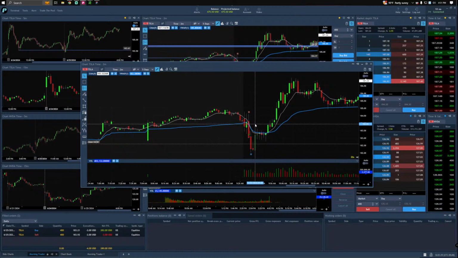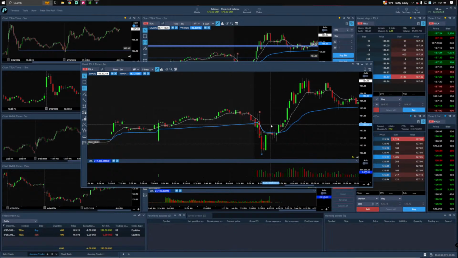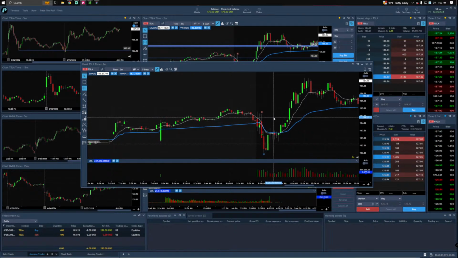I was watching time and sales and I saw big orders going through on the sell side. Jumped in short, actually sold the market, and did not see any slippage. So that's great. Didn't see any slippage on the difference between the price that I was trying to sell at and where I actually got executed.